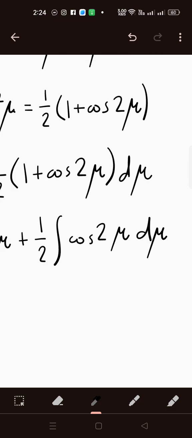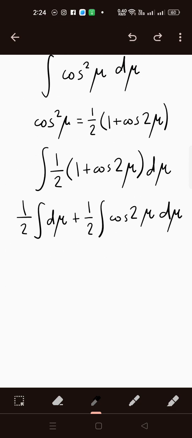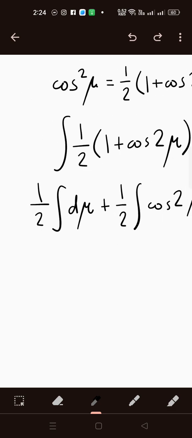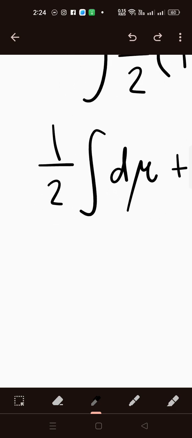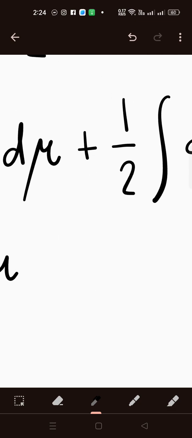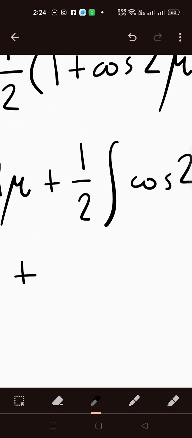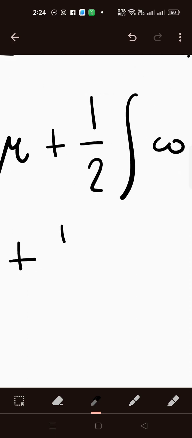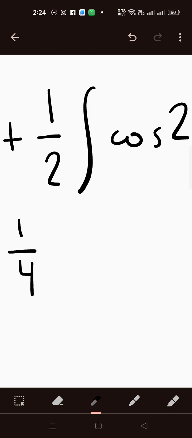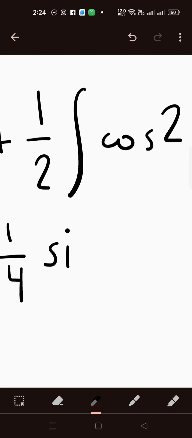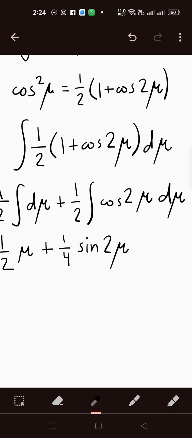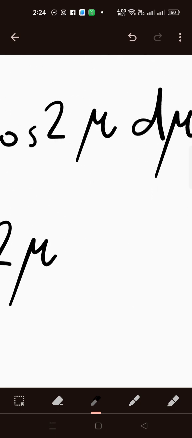And this is where I can use a simple u-substitution, wherein I'll just put a 1/2 at the front, and then I can directly integrate this into a sine. So this gives me 1/2 mu plus, so I would be leaving a 1/2 at the front, that would be multiplying with the 1/2 already at the front, leaving me with a 1/4. And this is a sine 2 mu, because the integral of cosine is simply sine, and that's a plus c.